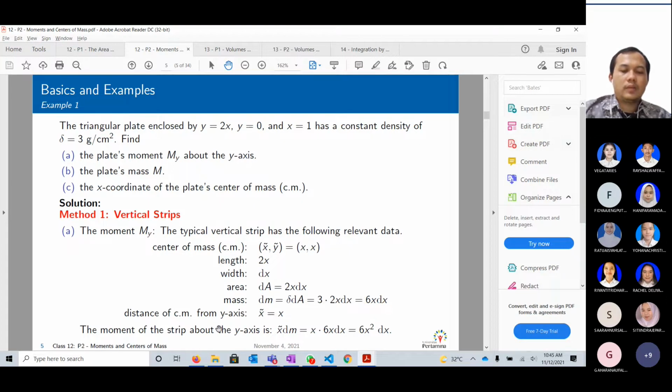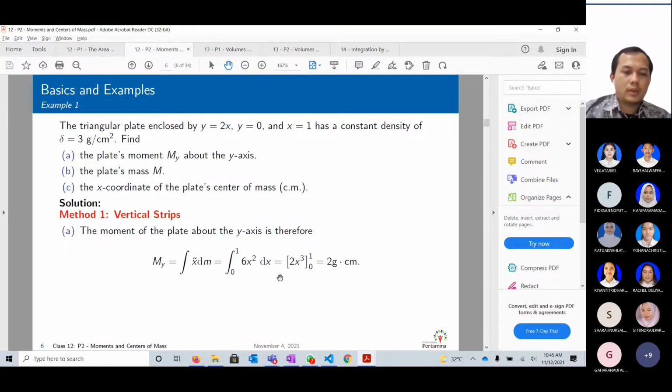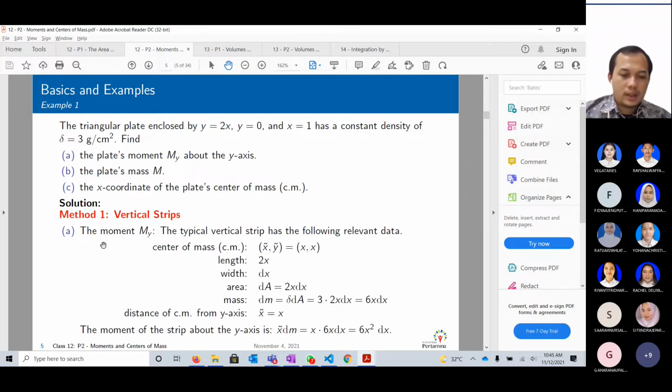From here we find that the moment of the strip about the y-axis, x dm, is 6x squared dx.